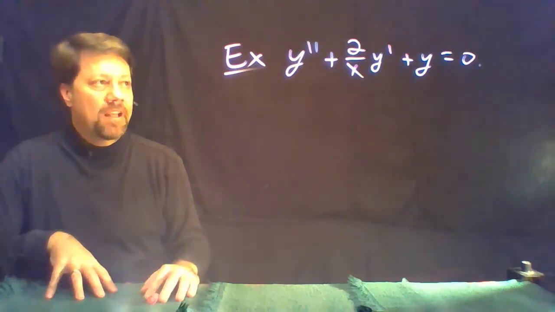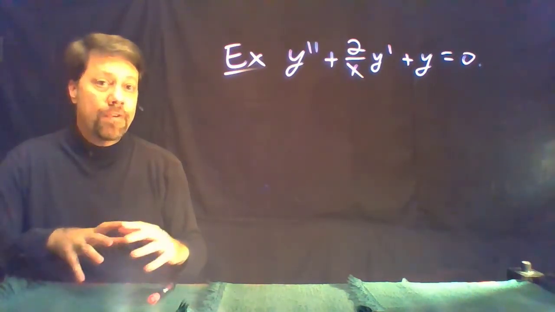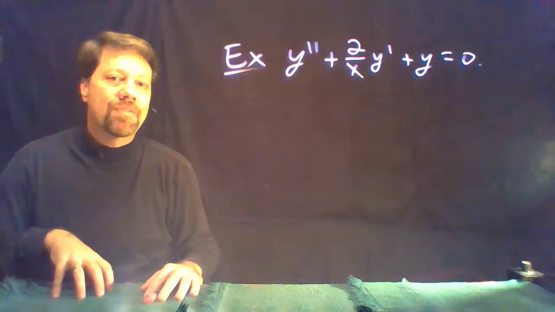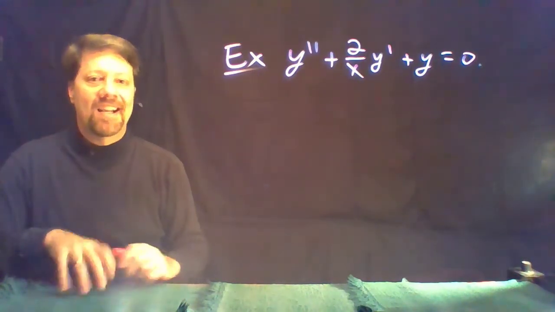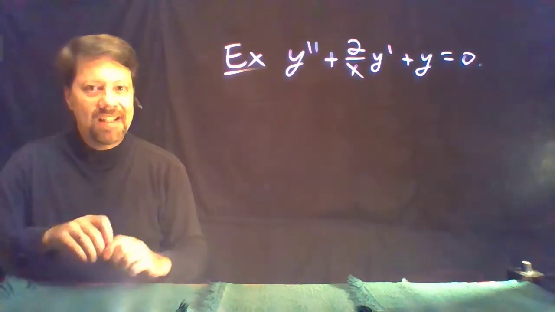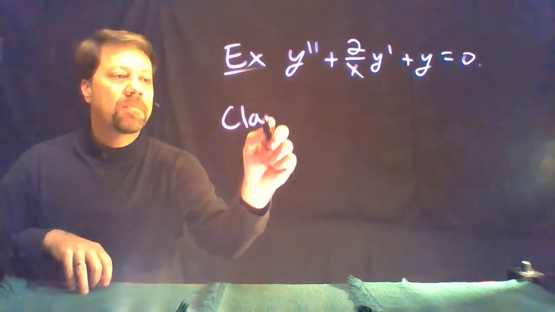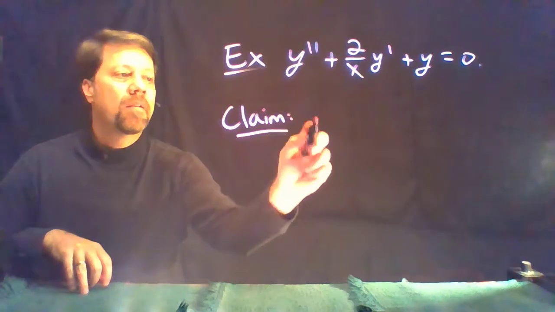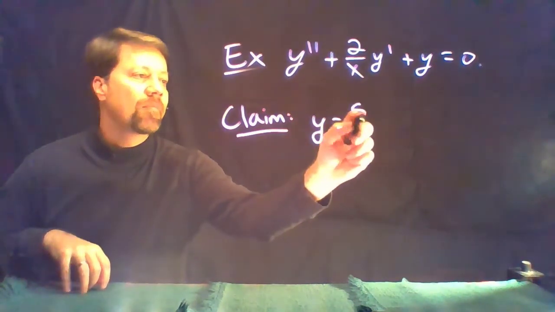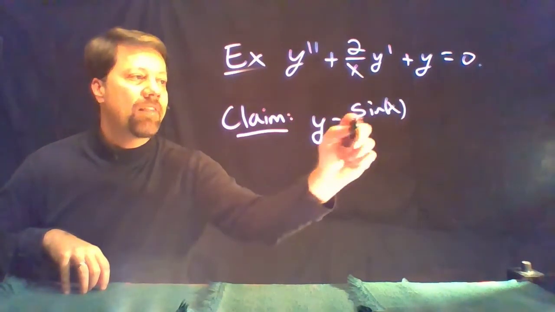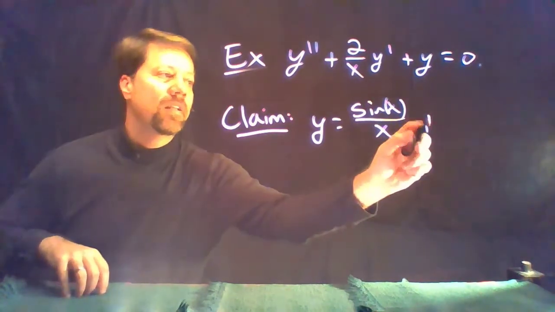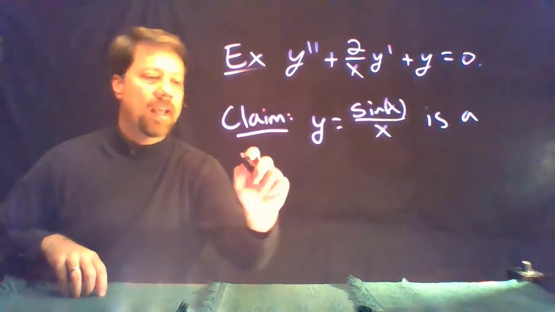For instance, it arises in connection to the diffusion of blue light through the atmosphere and explains why the sky is blue. So it is an interesting equation to study, but I'd like to make the claim that sine of x divided by x is a solution.